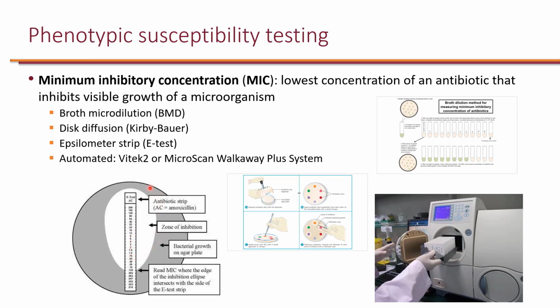Then, again, you inoculate the plate, you place the strip, and you let it incubate. After incubation, you can see a zone of inhibition, and you can see at what concentration the antibiotic stopped inhibiting growth. That would be your MIC.